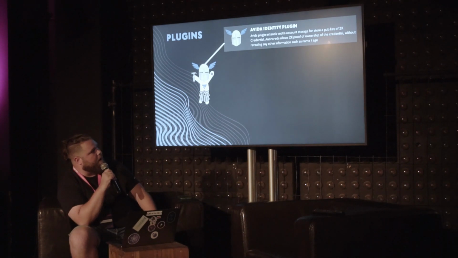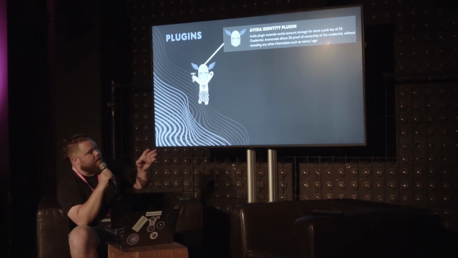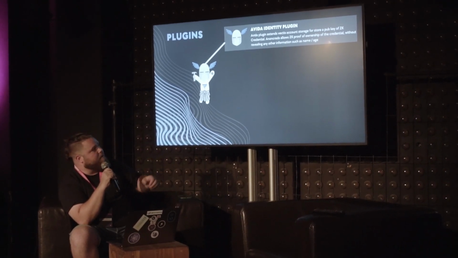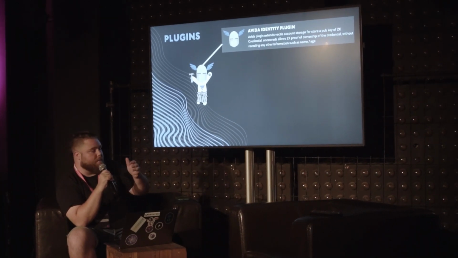We have some official plugins. One of them is the BBS identity plugin. This plugin, I will go into detail later, is a query plugin that allows you to store a ZK public key in that plugin. With a verifier, we have another platform called Avida.